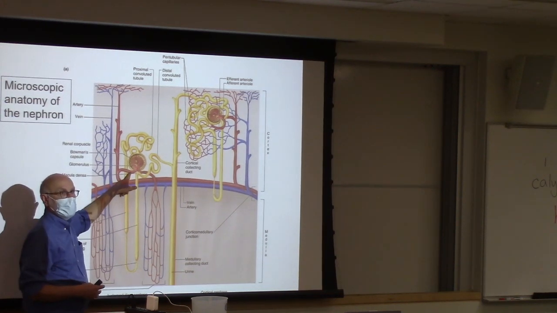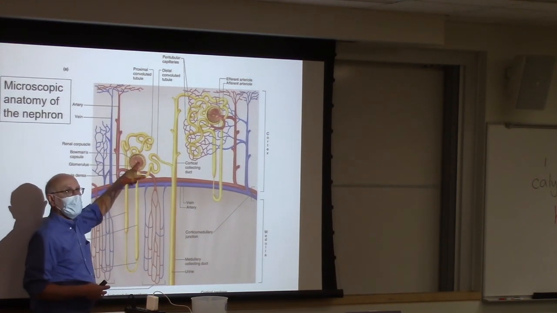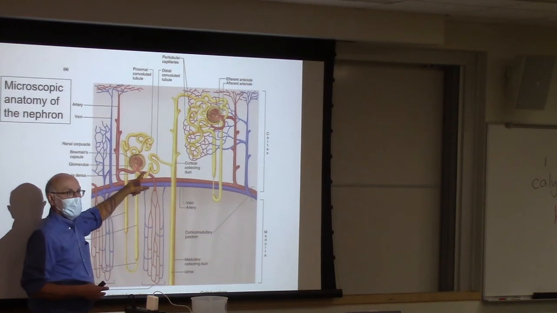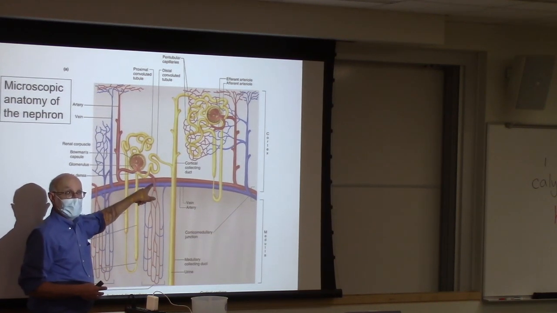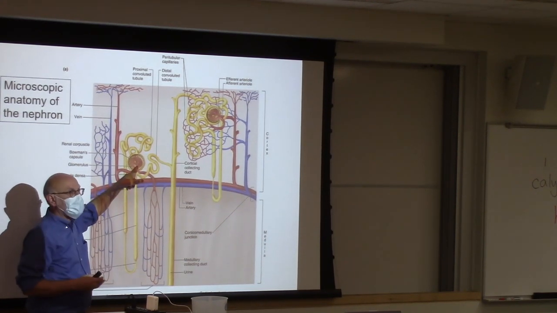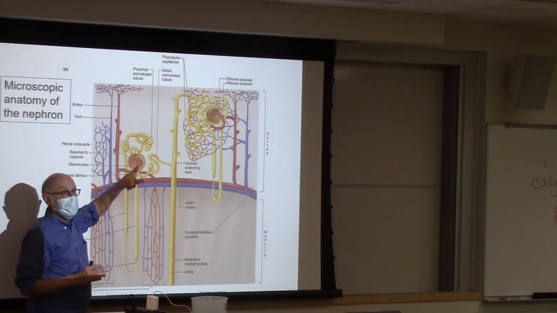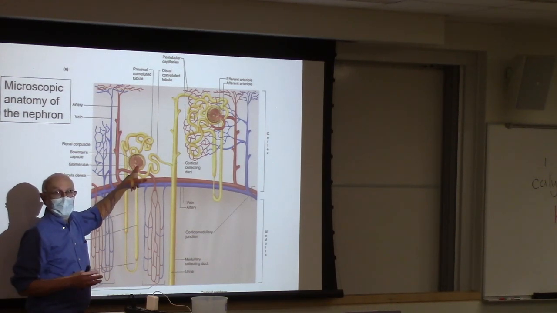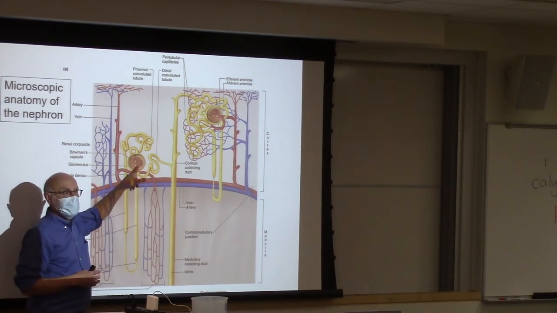Afferent, blood to the glomerulus. Efferent takes blood from the glomerulus. It's still an arteriole, even though it has gone through a capillary bed. It's not a vein yet. That's one of the idiosyncrasies of this circulation.